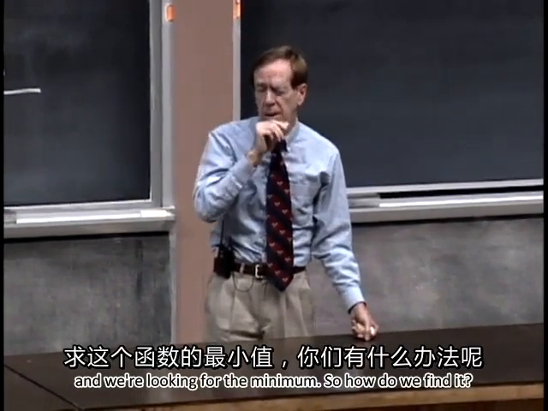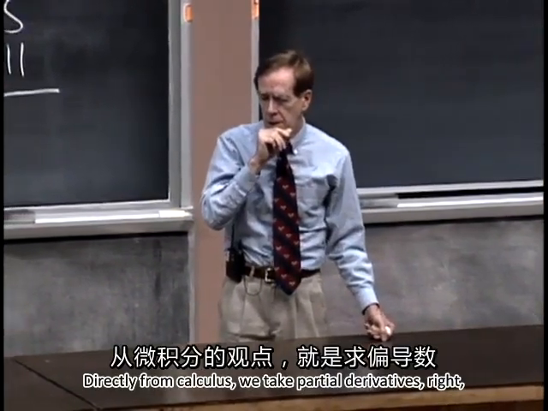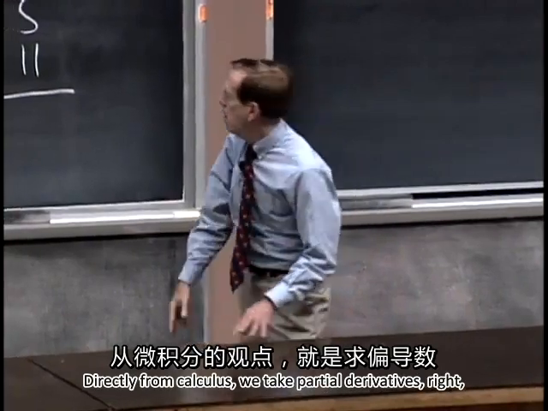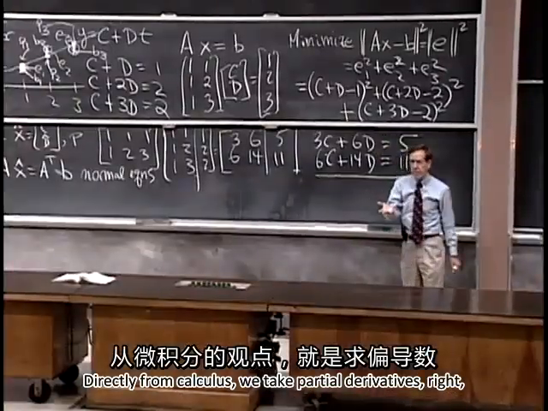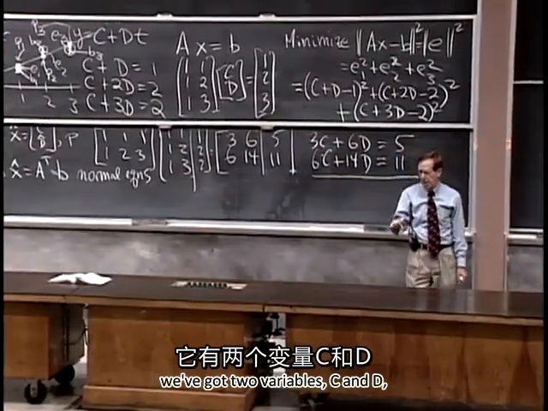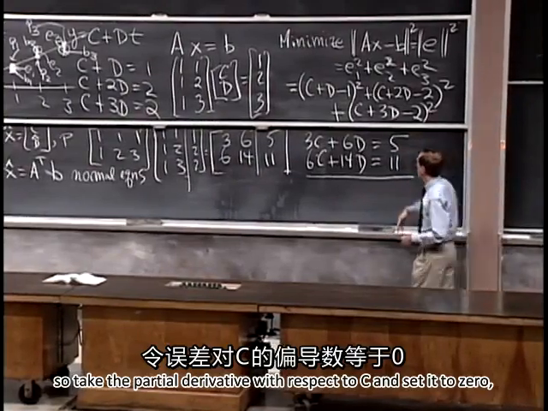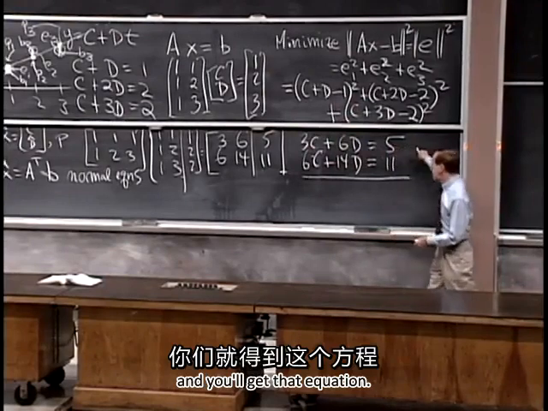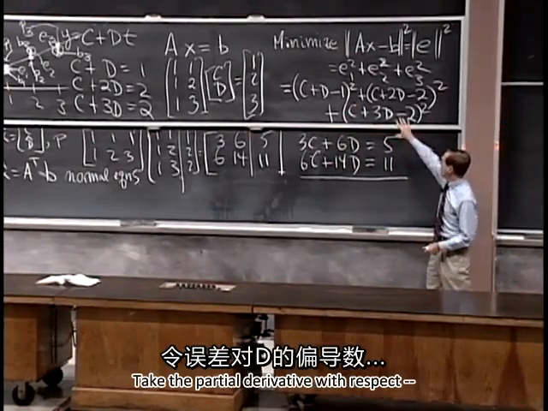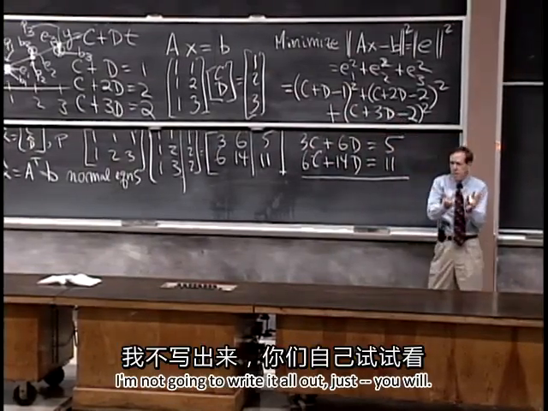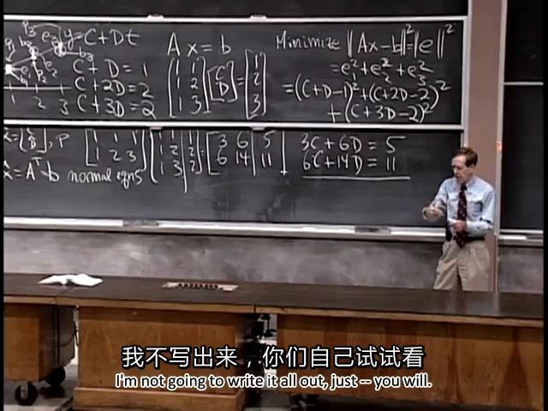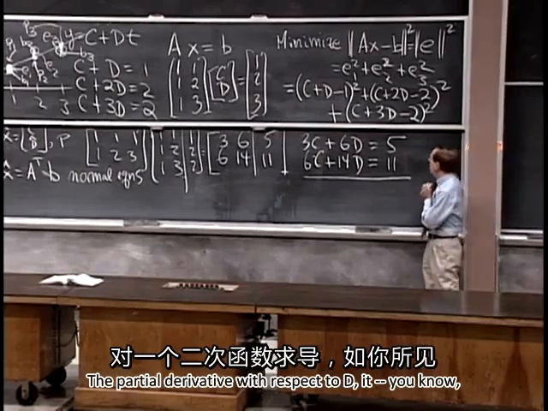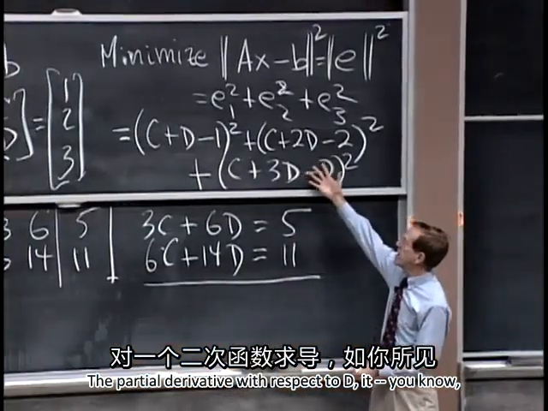So how do we find it directly from calculus? We take partial derivatives. We've got two variables, C and D. Take the partial derivative with respect to C and set it to 0, and you'll get that equation. Take the partial derivative with respect to D.